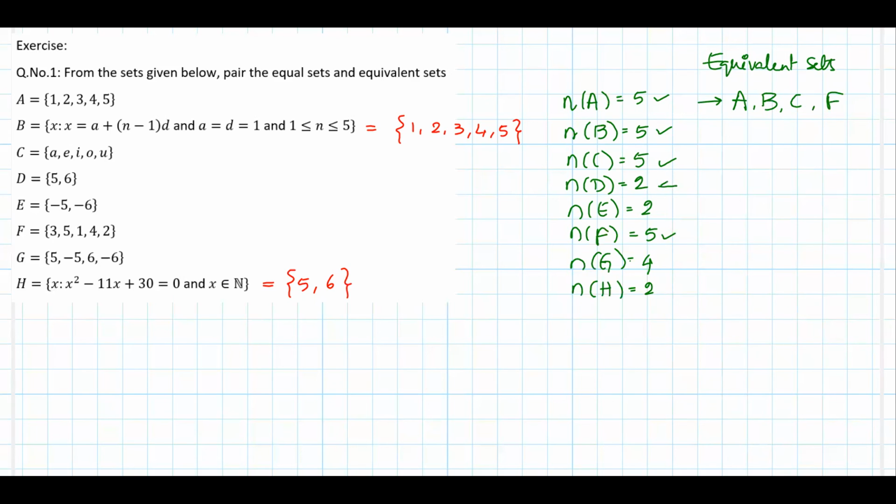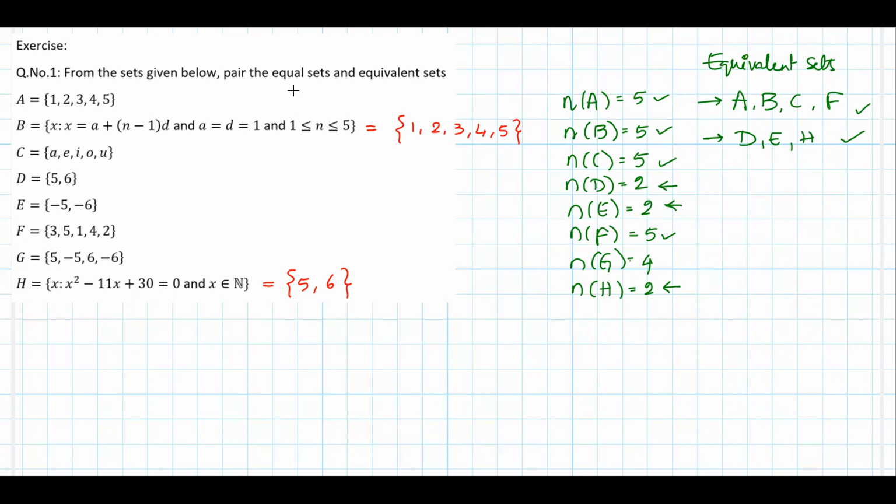Now, in the same way, D, E, H have the same cardinal number 2. So this is another equivalent set group: D, E, and H. What about G? 4 is not equivalent to any of these. So this is the only set having cardinal number 4.